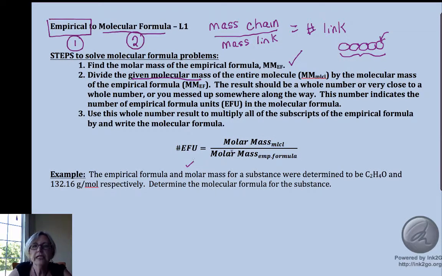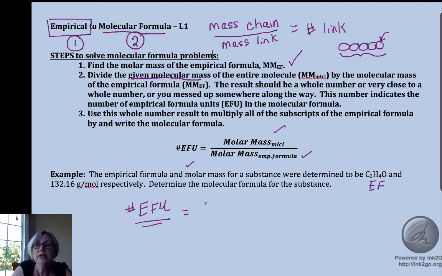So our number of links is going to be the molar mass of the molecule divided by the molar mass of the empirical formula. So I have an empirical formula, and that is C2H4O. And so if I want to find the number of those empirical formula units, now a lot of textbooks won't call that anything. I like to call them empirical formula units.